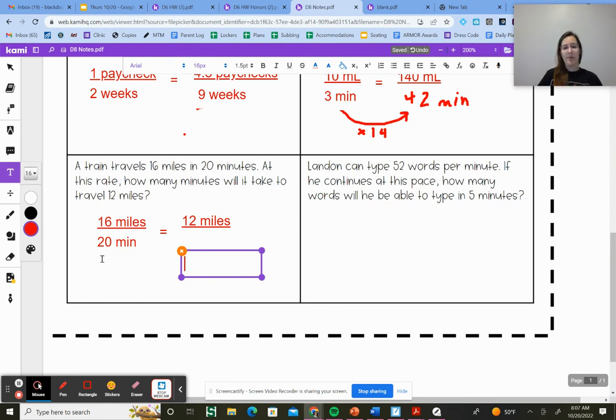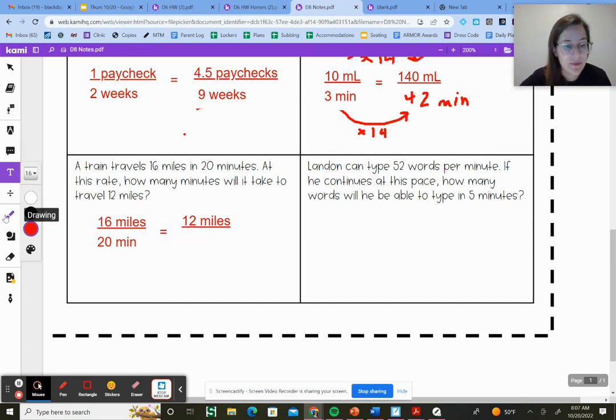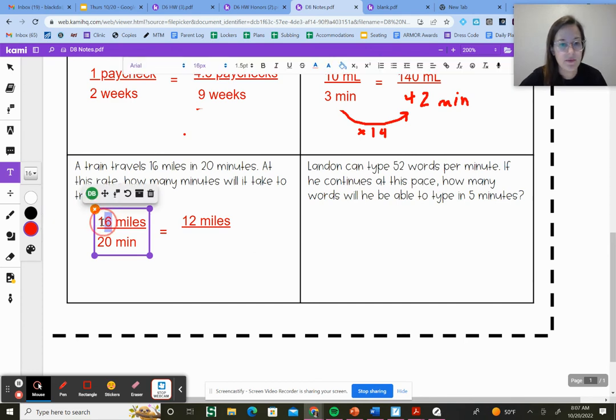Let me show you guys something. So you could do diagonal, but one other thing that I notice is you could simplify 16/20. If you divide both of those by 2, you could turn that into 8 miles in 10 minutes. And then you could also cut it in half again. That would be 4 miles in 5 minutes.